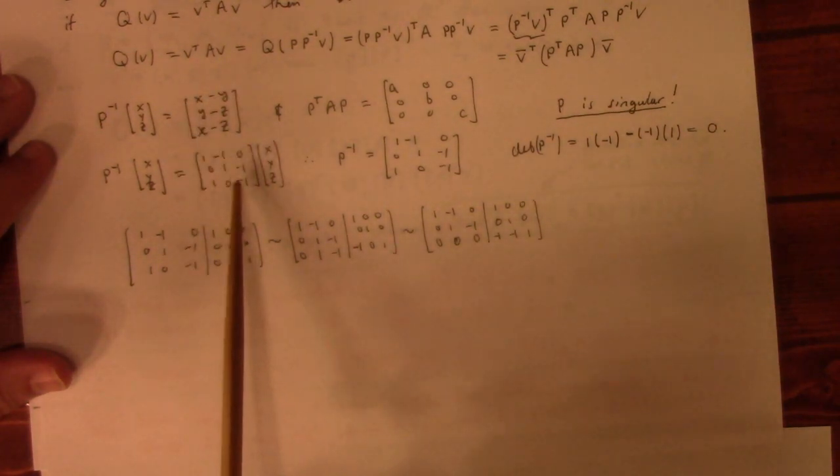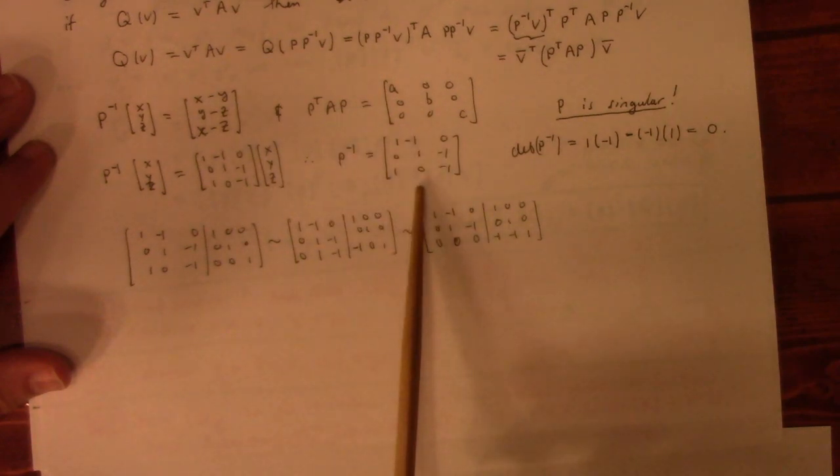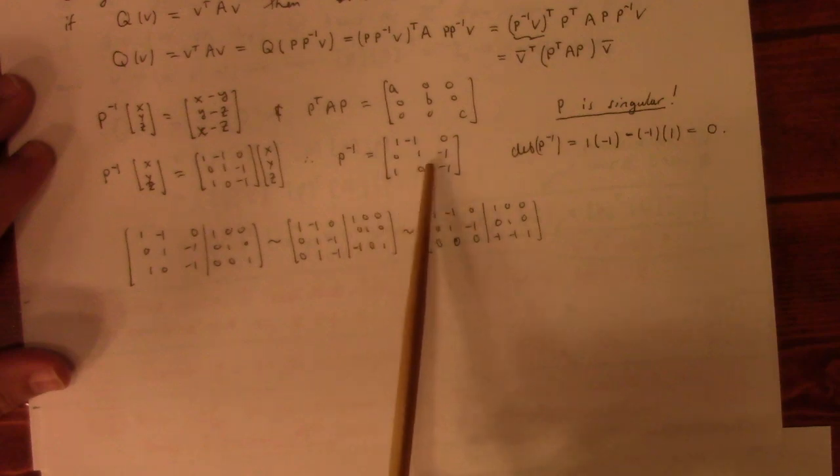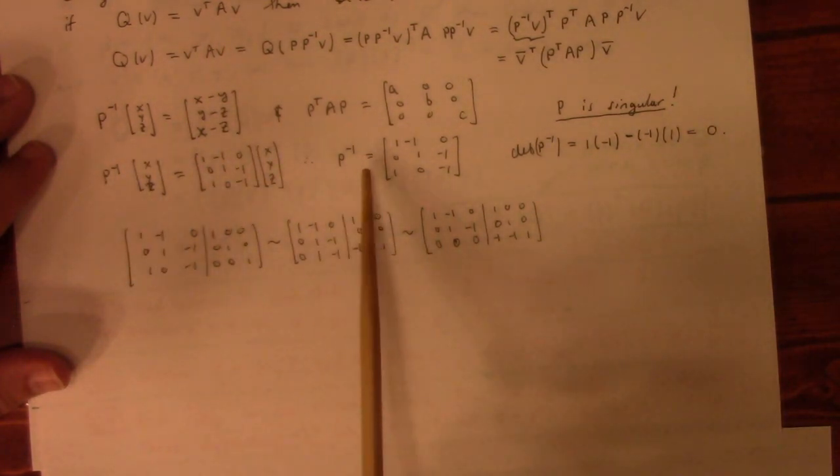Well, I can rewrite that as this matrix, 1, minus 1, 0, 0, 1, minus 1, 1, 0, minus 1, times (x, y, z). It stands to reason that P inverse is this, right? But is that a reasonable thing to say? Does there exist a P that's the inverse of P inverse? Sorry, it's unfortunate, my choice of label, let's not belabor it anyway. I've made this P inverse, so we're stuck with it.